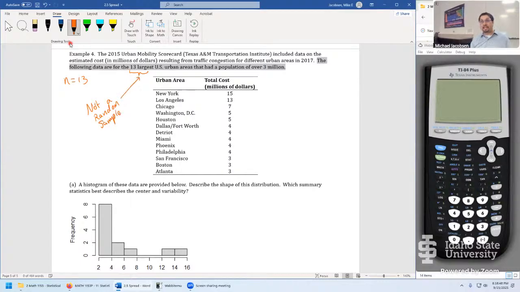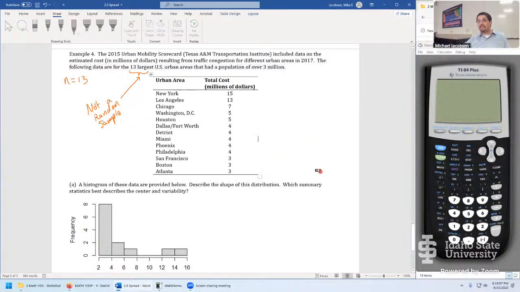So already that's something to keep in mind. This is not data that's going to apply to every single large city in the United States of America because it's not representative of every large city in the United States of America. We just took the top 13 largest ones, and that's bias already. So that's something to keep in mind.